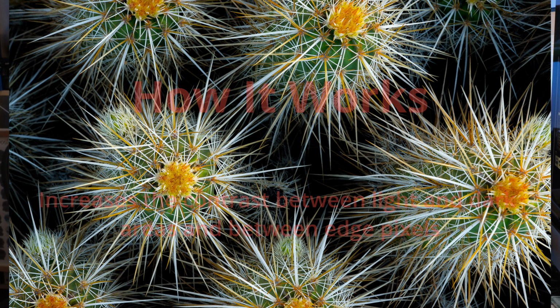So sharpening works pretty simply. There are algorithms in the program to detect edges, and it applies sharpening to the edges that it finds. In terms of contrast, sharpening increases the contrast between light and dark areas and between edge pixels.